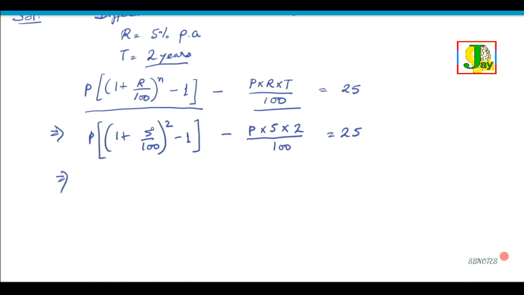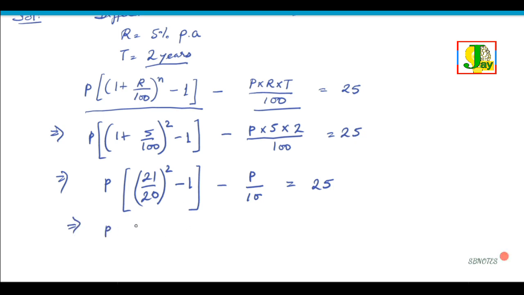Now this becomes 1 by 20, so 21 by 20. P into 21 by 20 whole square minus 1, minus 10 by 100, that becomes 1 by 10, so P into 10 by 100, that is P by 10, equals 25.